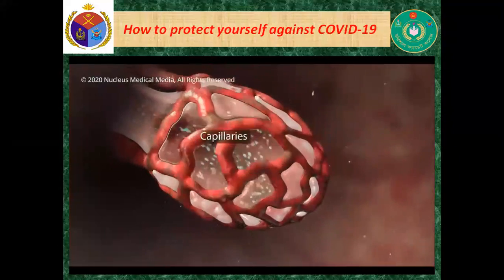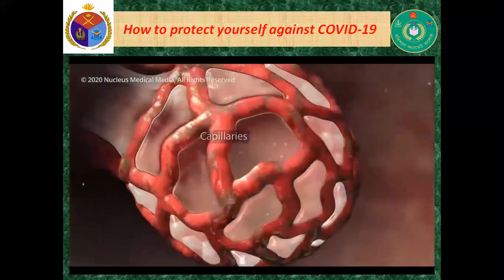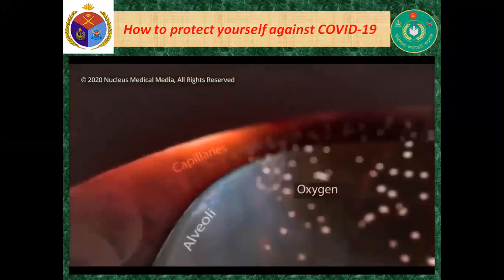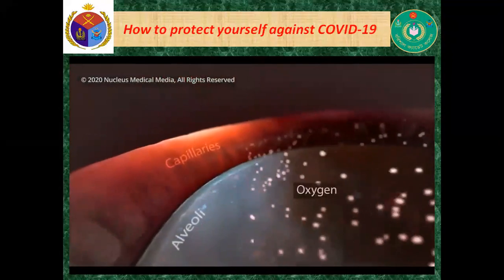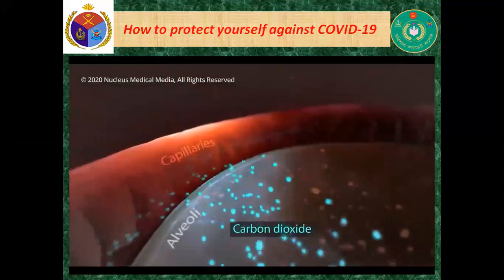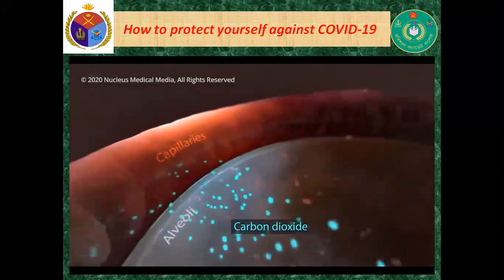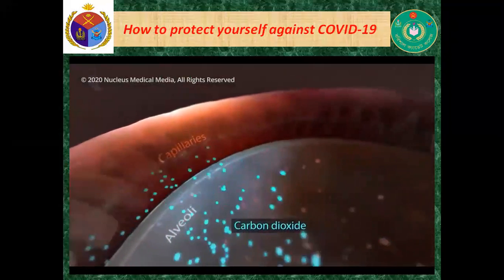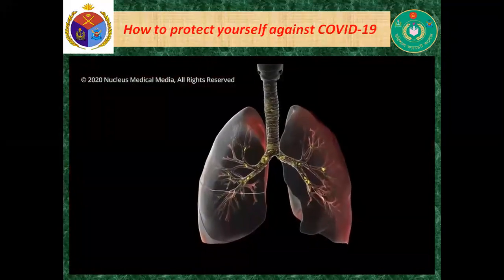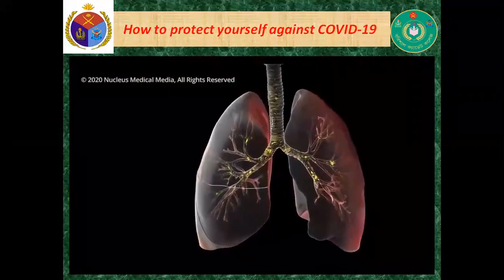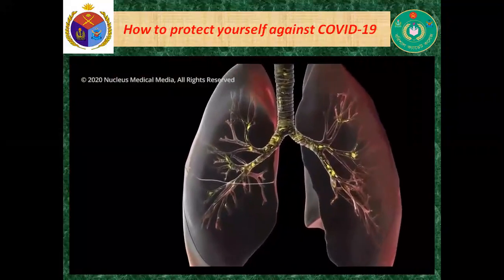Small blood vessels called capillaries surround your alveoli. Oxygen from the air you breathe passes into your capillaries, and then carbon dioxide from your body passes out of your capillaries into your alveoli so that your lungs can get rid of it when you exhale. Your airways catch most germs in the mucus that lines your trachea, bronchi, and bronchioles.